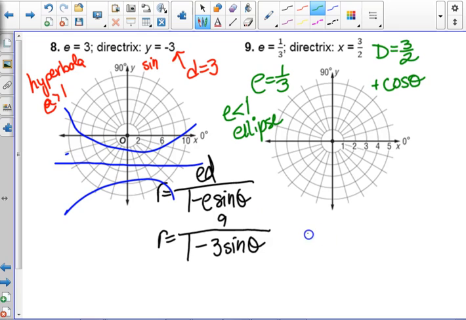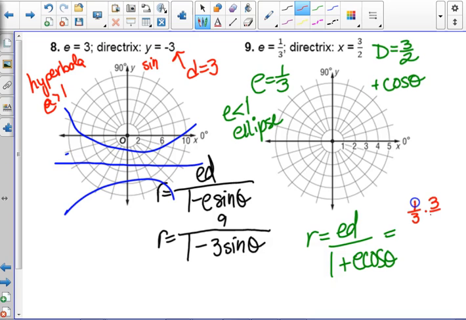Okay, so if we start filling in r equals ed over 1 plus e cosine theta, what will we have? E times d is 1/3 times 3/2, which is 3/6 or 1/2. Good job. Over 1 plus 1/3 cosine theta.